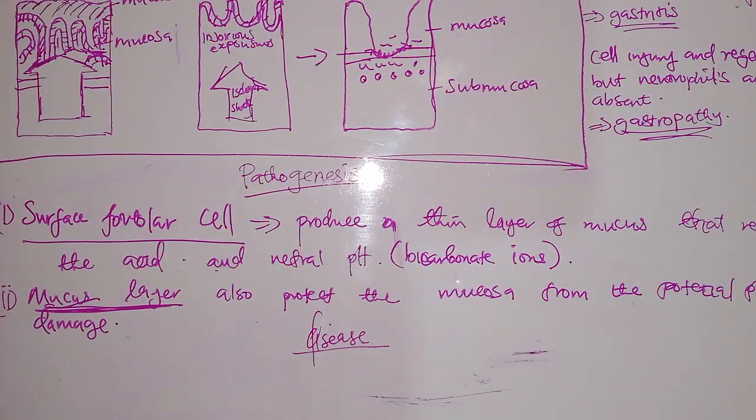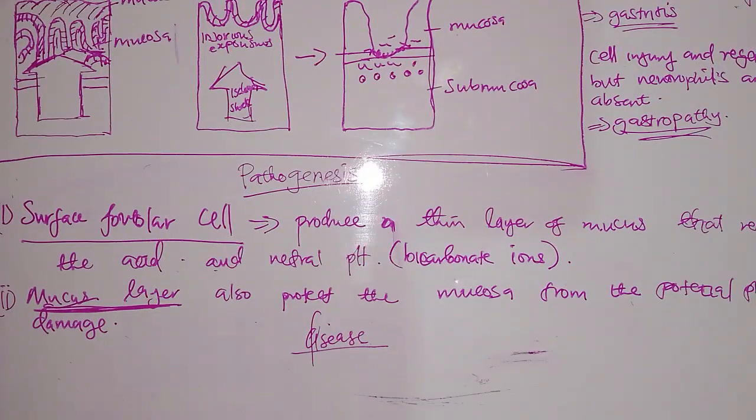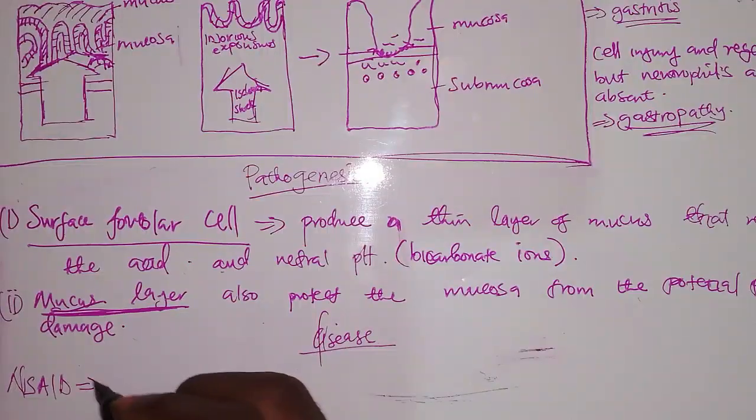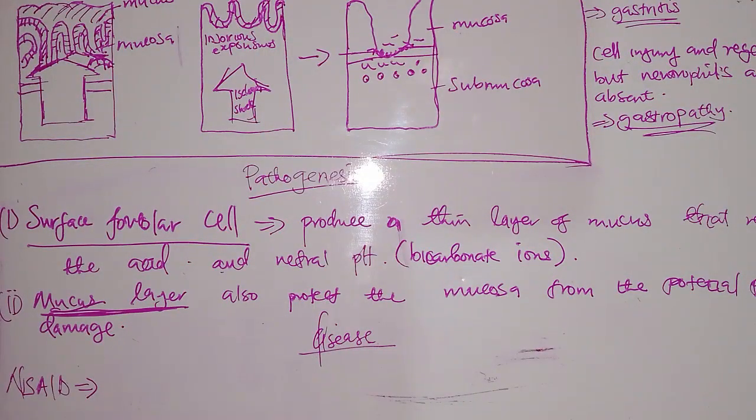So one, we say that the first cause of gastritis is what is known as the non-steroid anti-inflammatory drugs, which can be aspirin, brufen, or other drugs. I'll abbreviate the non-steroid anti-inflammatory drugs; they can also be known as NSAIDs.